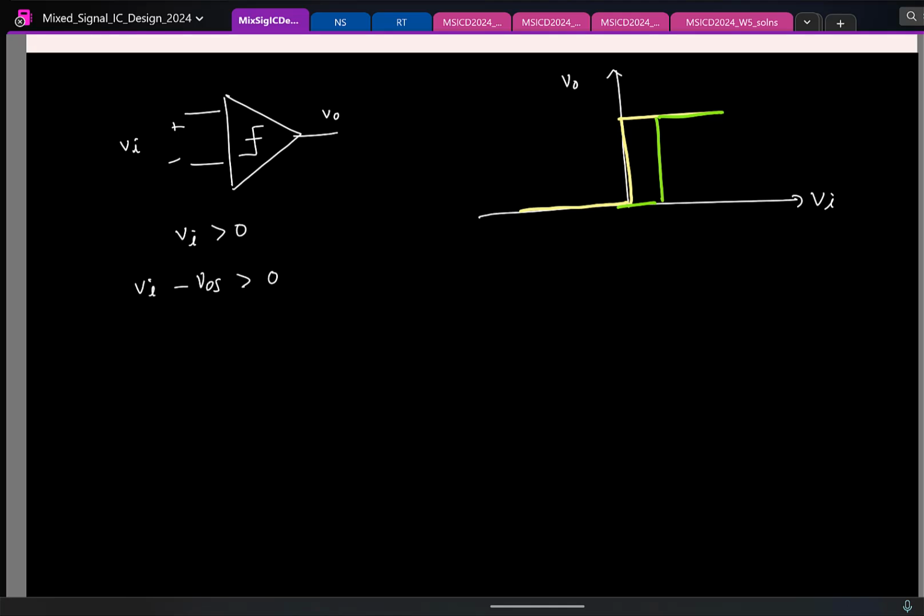Now let us see if this is even a problem. Just because you encounter something unexpected doesn't necessarily mean it is going to be a real problem. Let's actually see if in our final system this will be an issue. We are looking at a flash ADC, so let's see what happens. In a flash ADC you have a bunch of comparators operating in parallel.